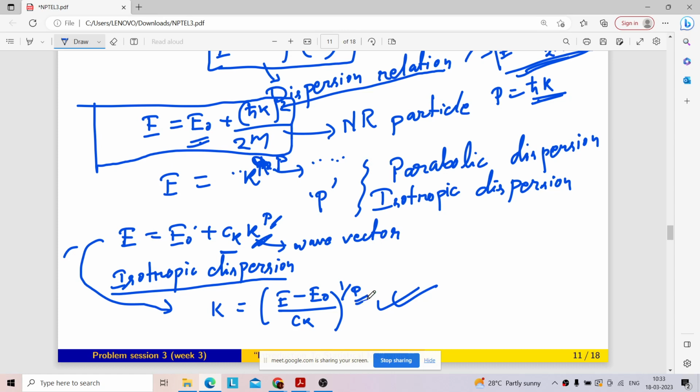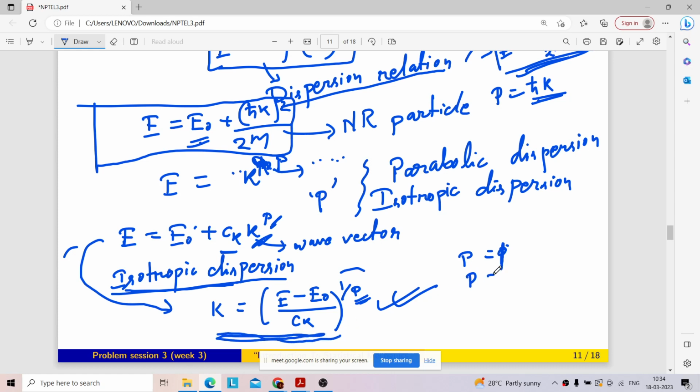Now, depending on this p value, the dispersion relation will be defined. So for p equal to 0, we can't define it. For p equal to 1, this relation we will call isotropic.